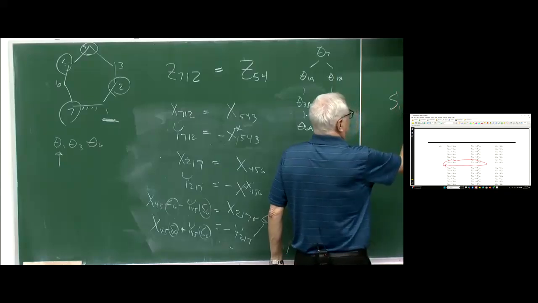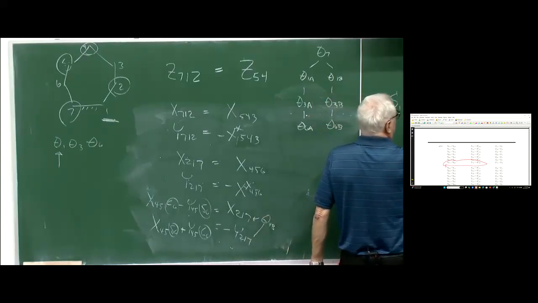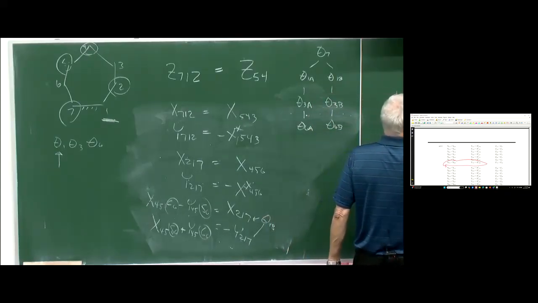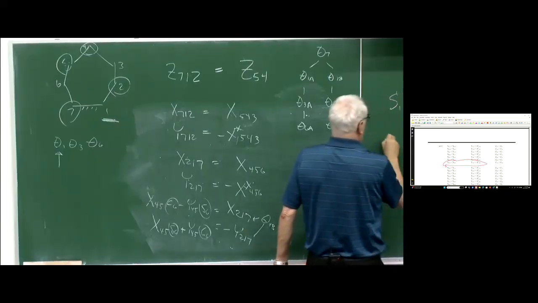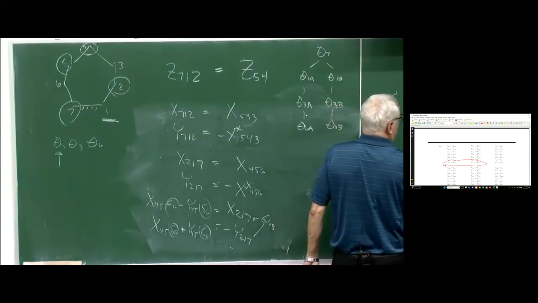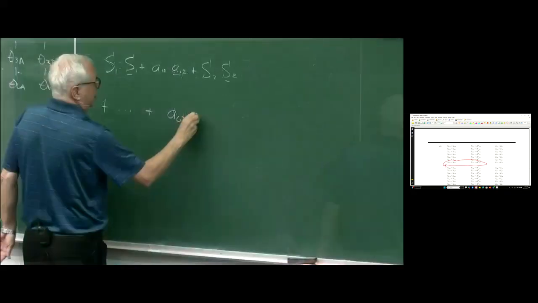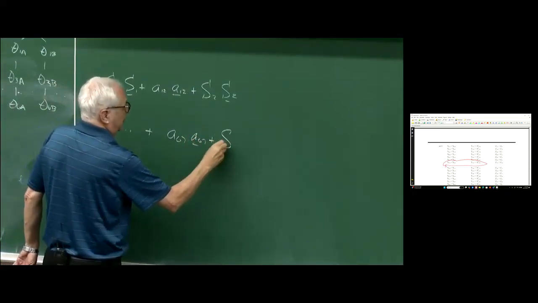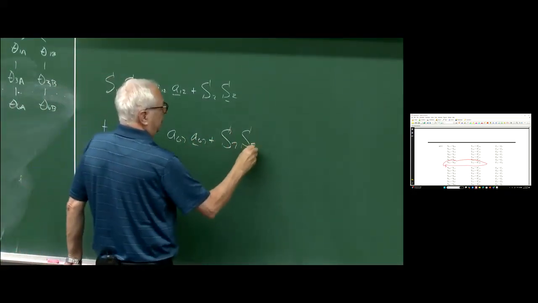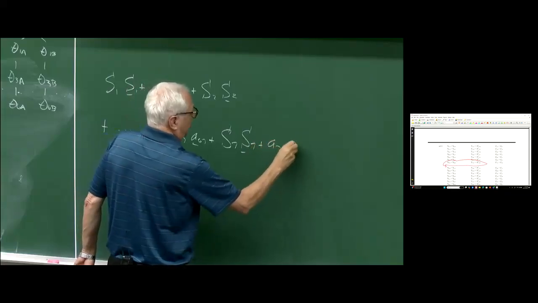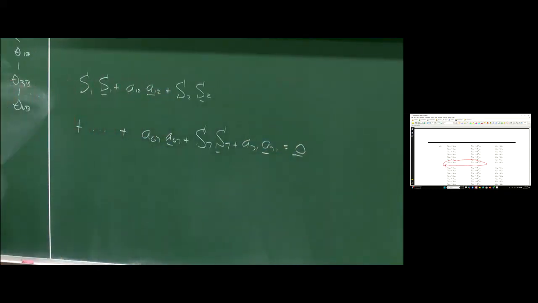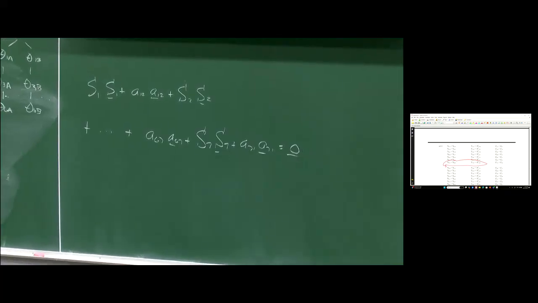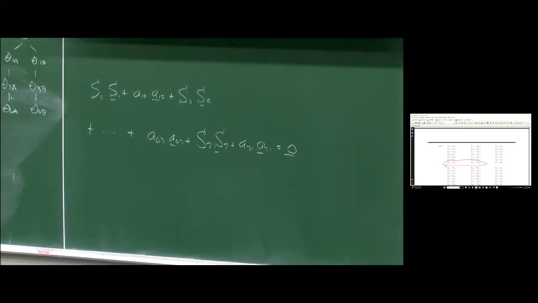The S1 distance times the S1 vector plus the A12 distance times the A12 plus the S2, and I'm going to go plus dot, dot, dot plus A67 plus S7 plus A71 equals the 0 vector. So there would have been 14 terms, and my chalk's getting pretty short here, so I didn't write them all out.